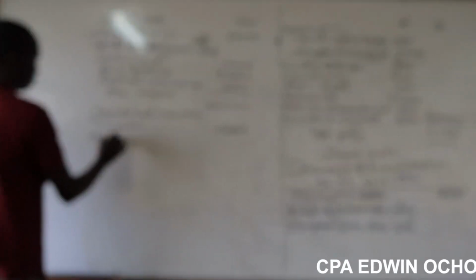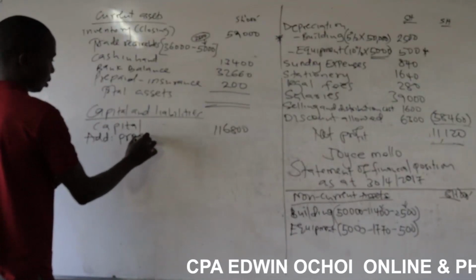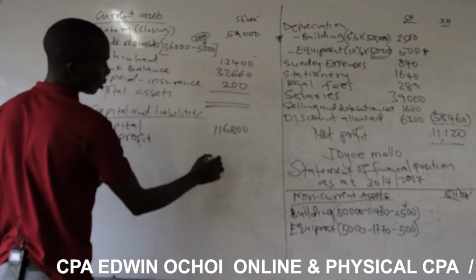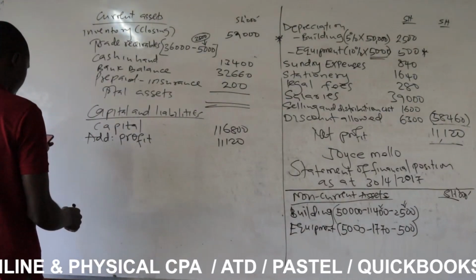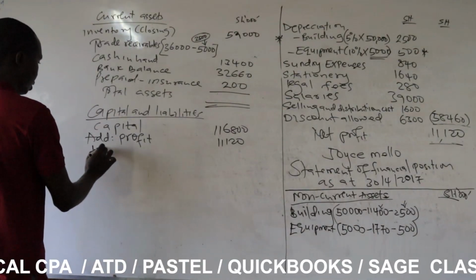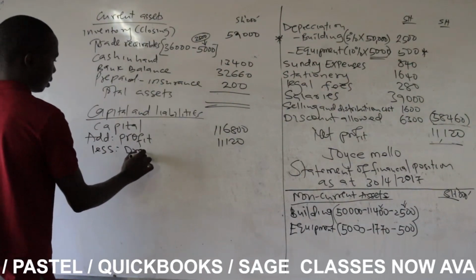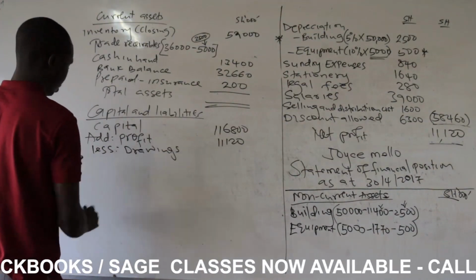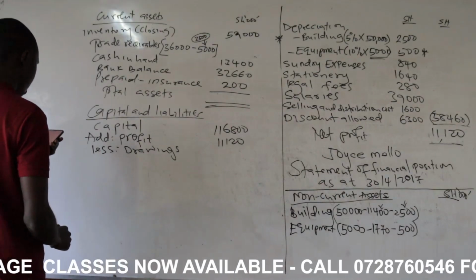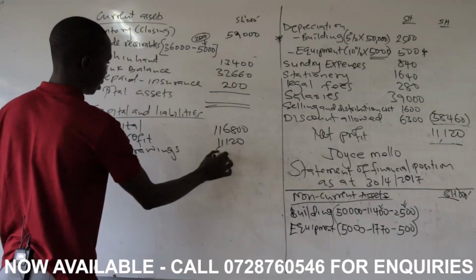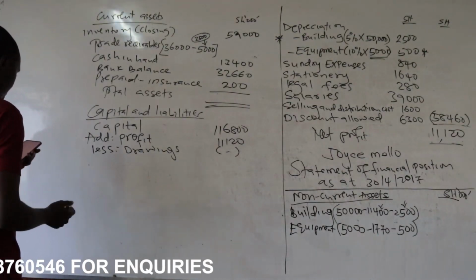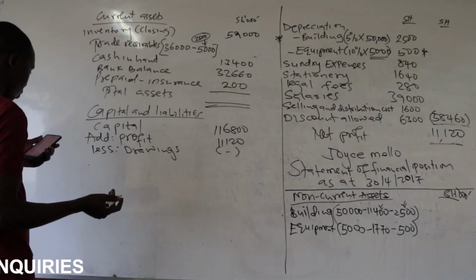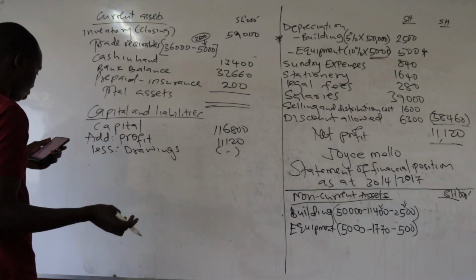Add net profit, add the profit from the income statement, 11,120. If there was drawings, we have to deduct them, but I cannot see if there's any drawings. There is nothing. So non-current liabilities, long-term liabilities, I can check if they are present.